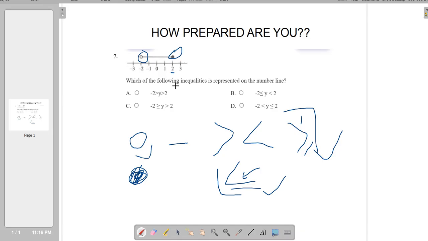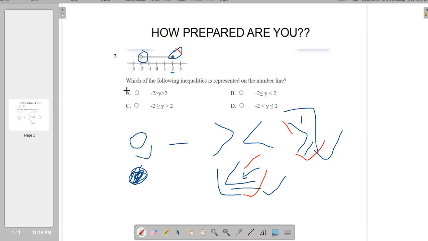Now that alone tells me that whatever I'm going to choose as my answer for the range representing the left hand side of the number line, we don't want to be seeing the equal to as part of the range. And when we come to this side that is shaded, we want to see it as part of it.